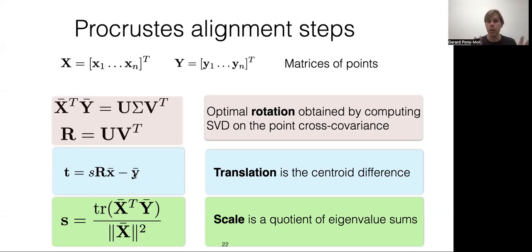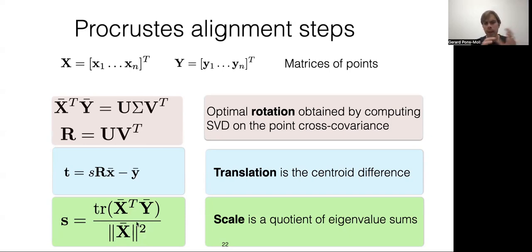So if I have two shapes, basically it's sufficient to align the transformed centroid of the source shape with the target shape. And now the scale is going to be this expression here, which is the trace of X transpose Y, this covariance matrix, divided by the Frobenius norm of X, of the shape.